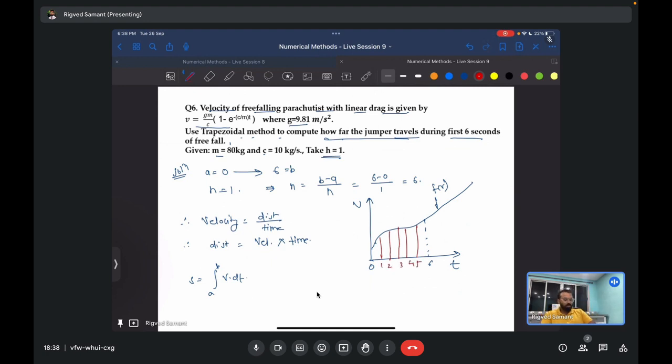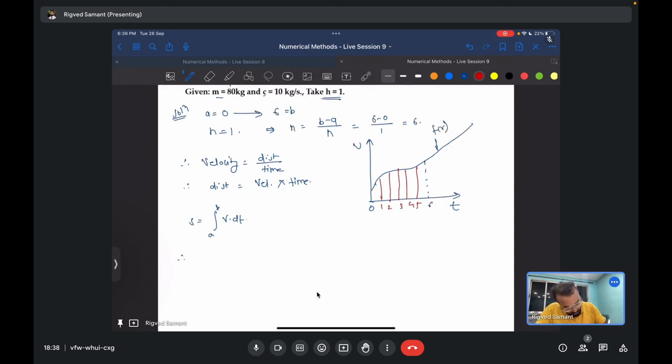These 6 intervals you have to apply the trapezoidal rule to, and get the value. So you need the function of v, and then you will apply the trapezoidal rule 6 times.